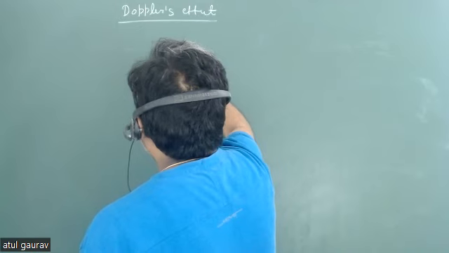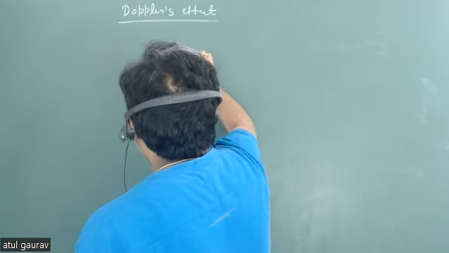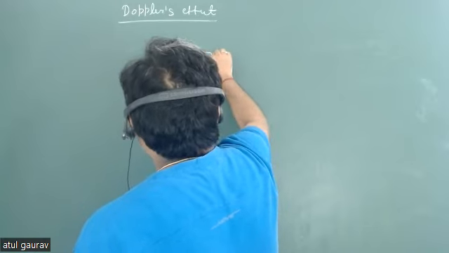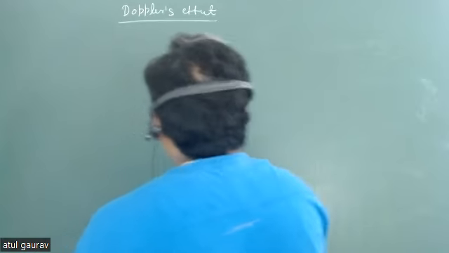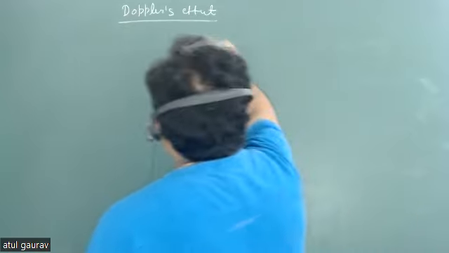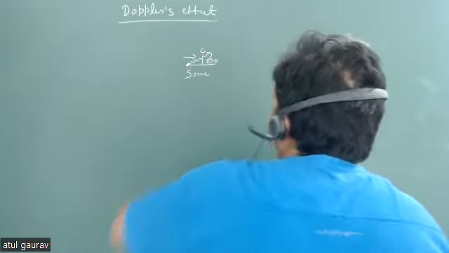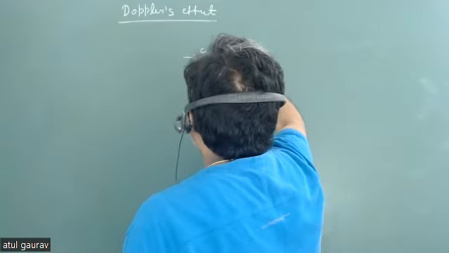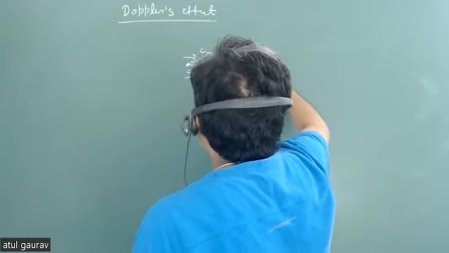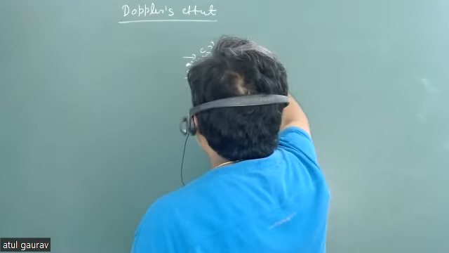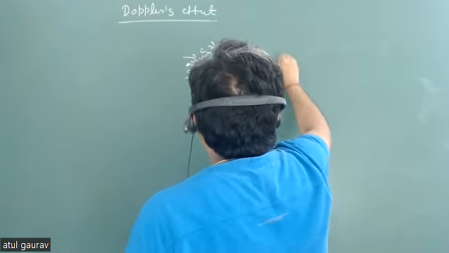And the light is emitted with angle theta naught, and the velocity of light is always c. This theta naught is measured, and the frequency of light is nu naught. So who is going to measure nu naught and theta naught?